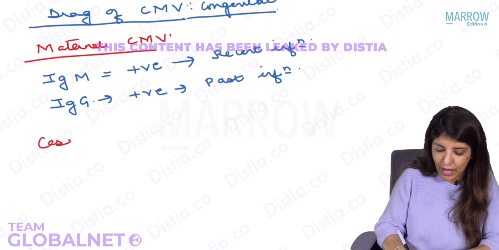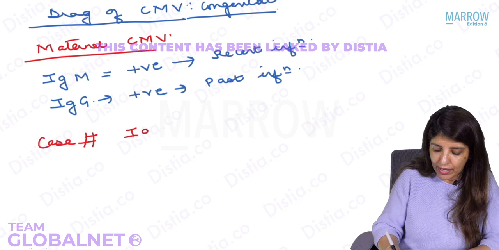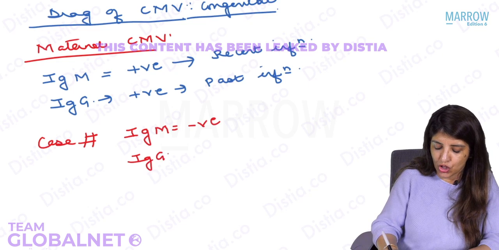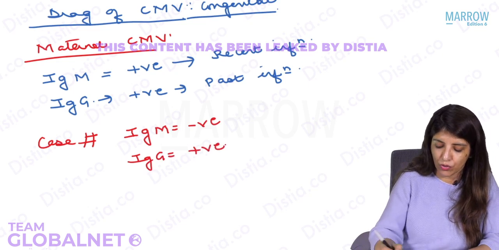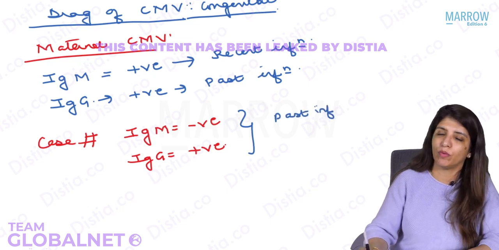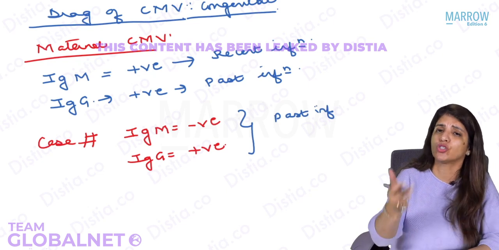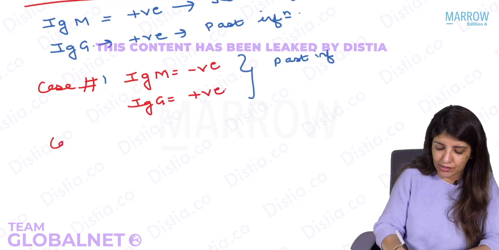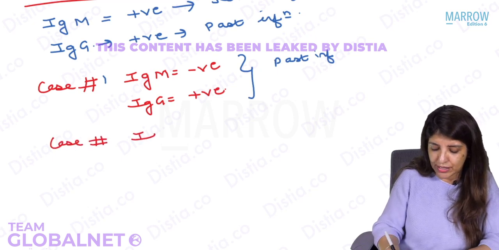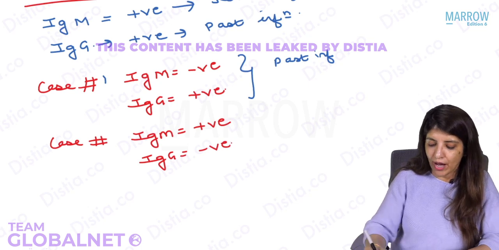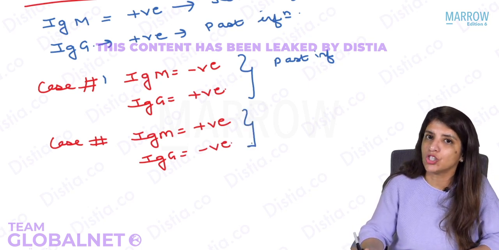Suppose you have a case 1 where IgM is negative and IgG is positive. Then you are going to say that this is a case of past infection of cytomegalovirus. This patient did not get cytomegalovirus during pregnancy. Then there can be a second case, where IgM is positive and IgG is negative.